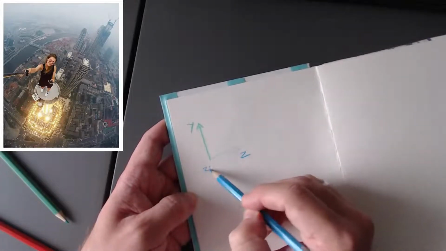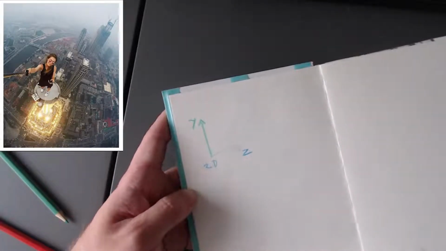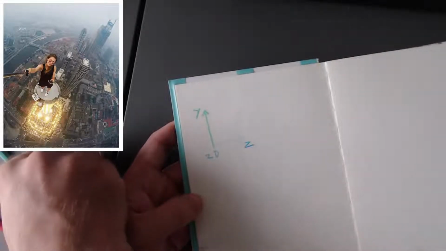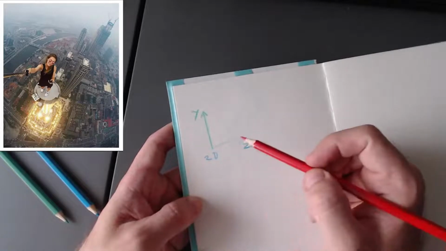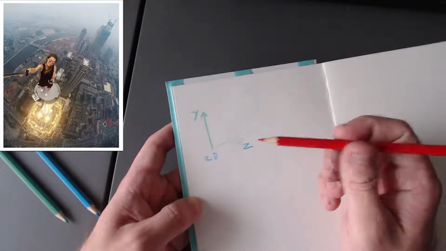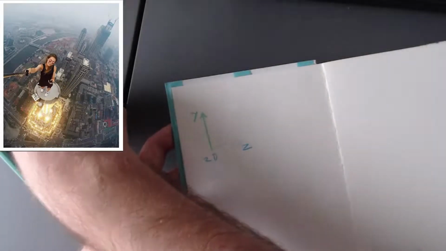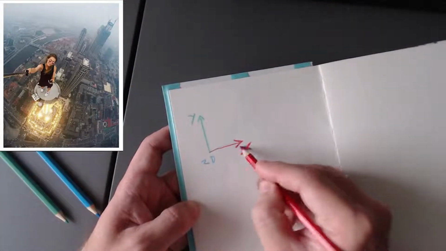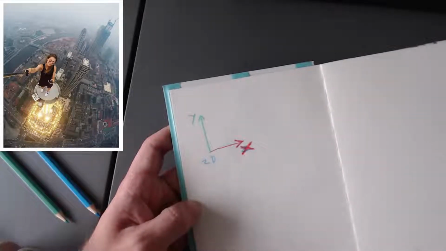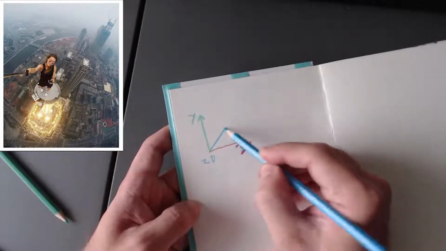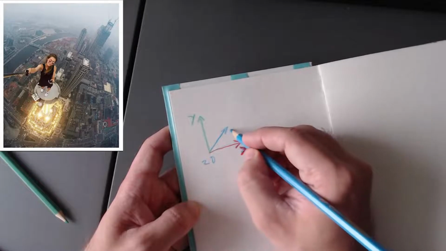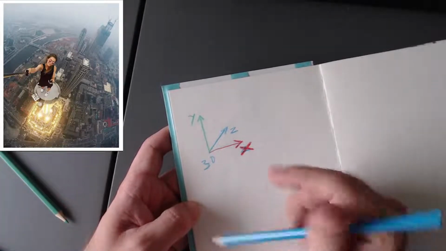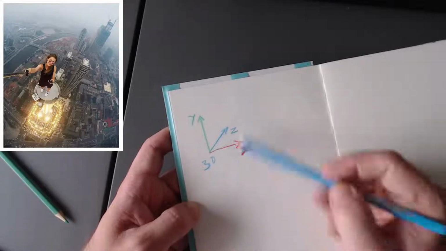This is 2D. Then if we add, actually it should be X, Y and X, and when we add the third dimension Z, then it's three-dimensional. So Z will represent depth.